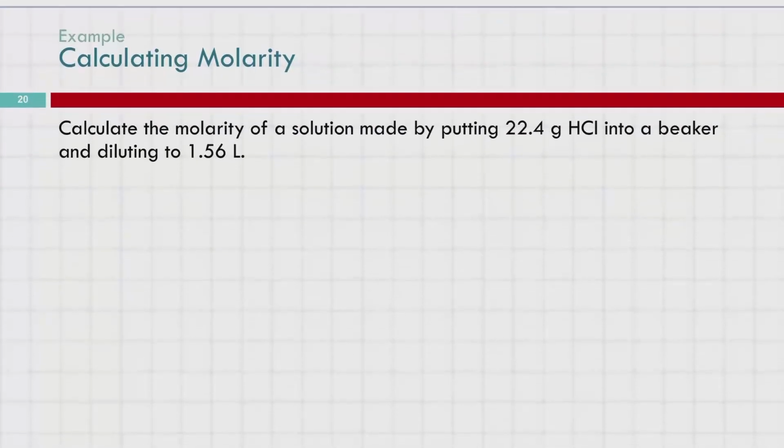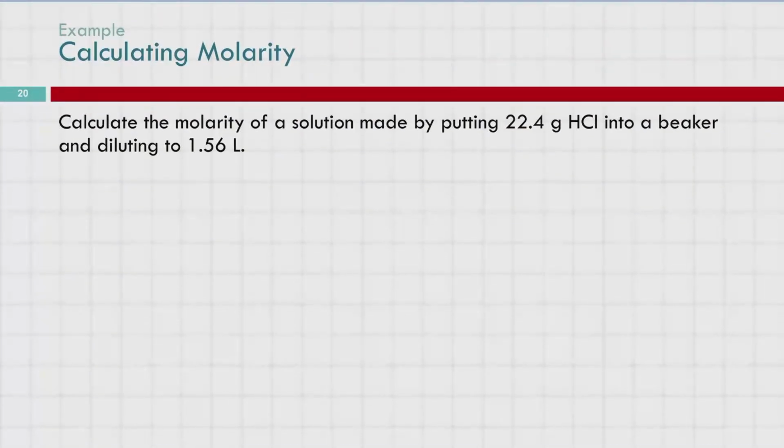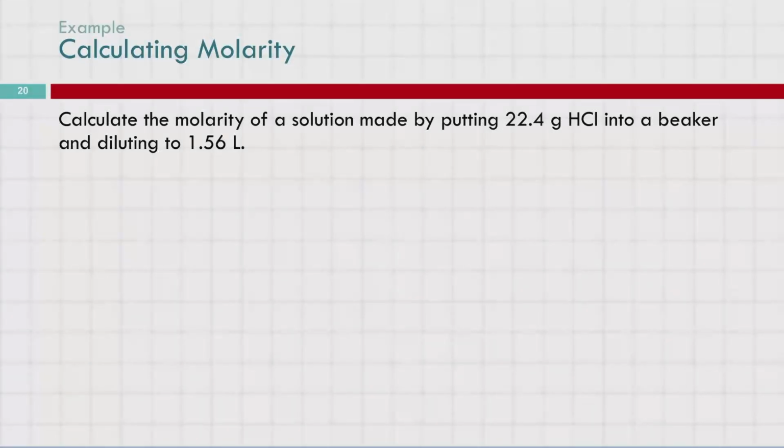Let's do a calculation. For calculating molarity, we want to calculate the molarity made by putting 22.4 grams HCl into a beaker and diluting to a volume of 1.56 liters.